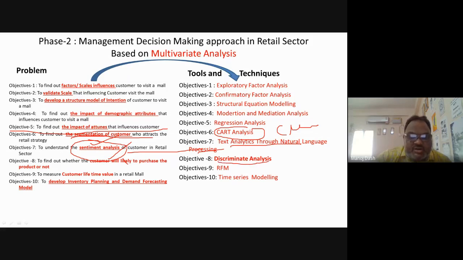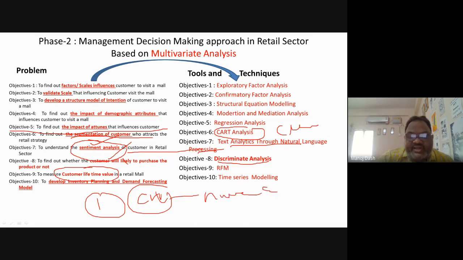Now, once I got whether they purchase or not, I got the model, then I have to find out the CLV, customer lifetime value. It means if I'm the owner, what is the CLV of the Gwalior customers? For that case, I apply RFM. RFM means recency, frequency, and monetary value.